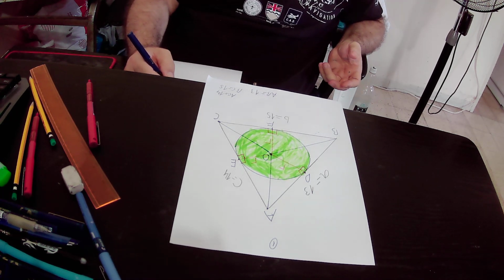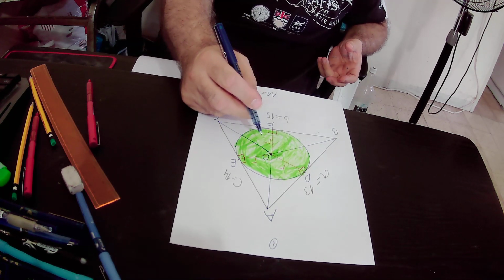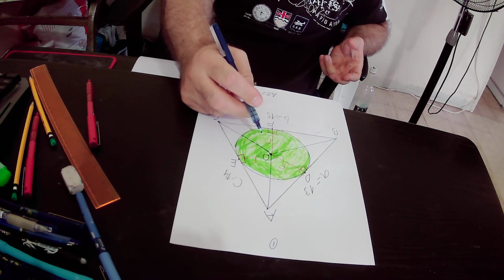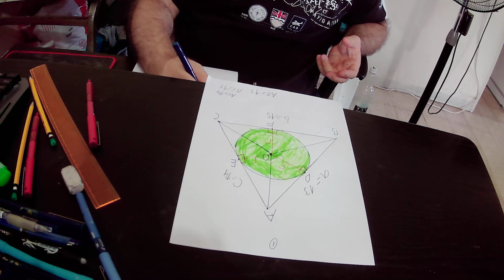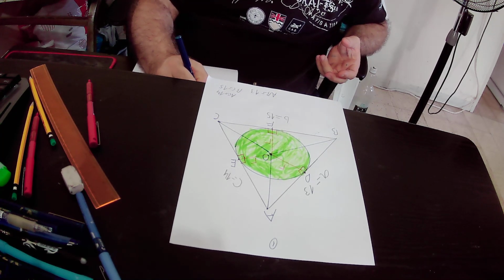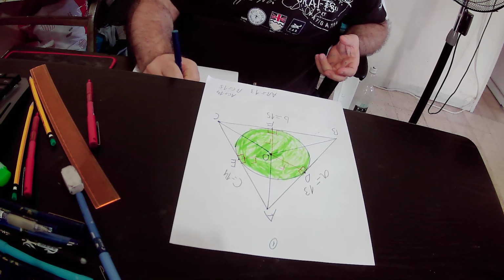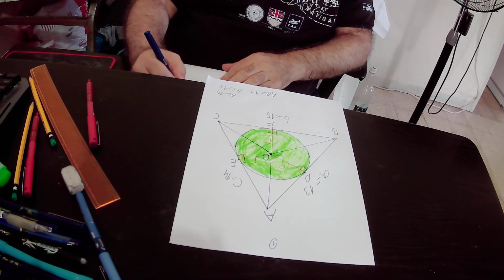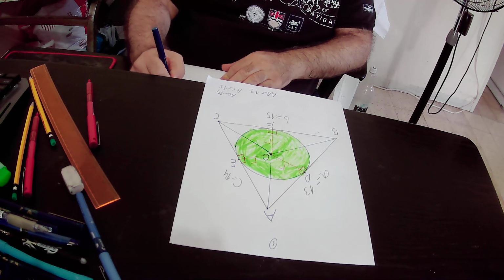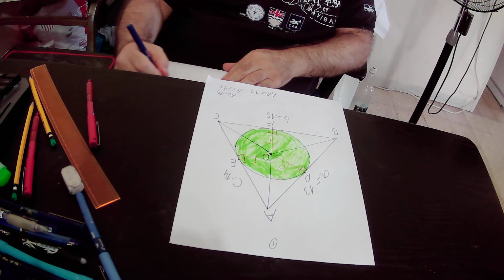So when we find the radius, we will square it, multiply it by pi, and find the area of the green circle. That will be the second method to find the radius of the green circle.